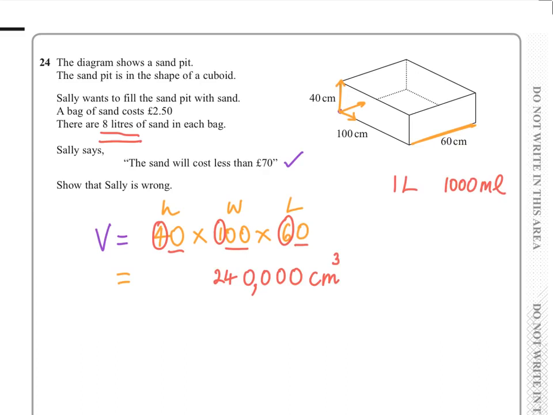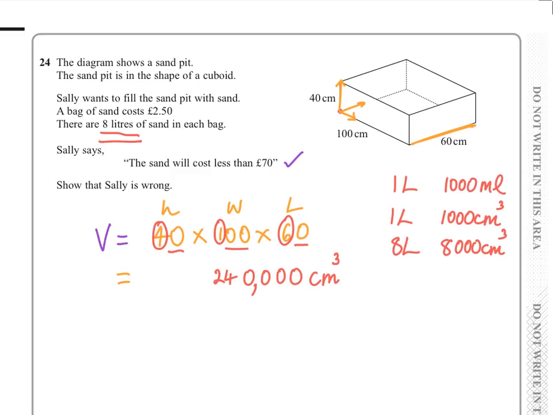So in this case we're looking at the sand behaving like a liquid, and we've got 1,000 centimetre cubes. So that's 1 litre. So an 8 litre bag would have 8,000 centimetre cubes in it.